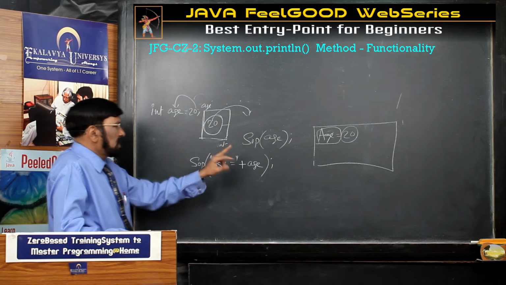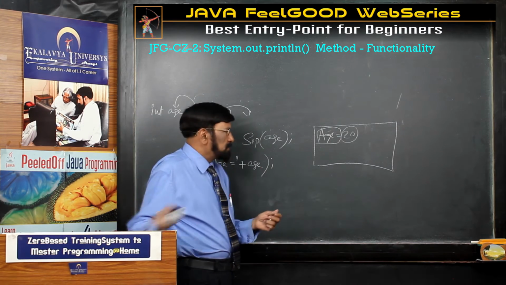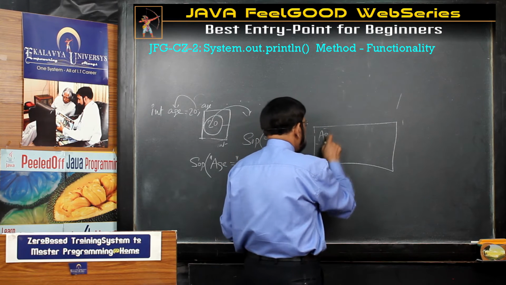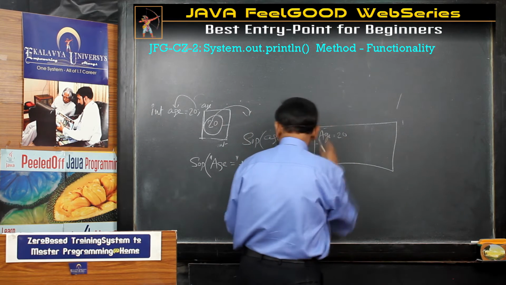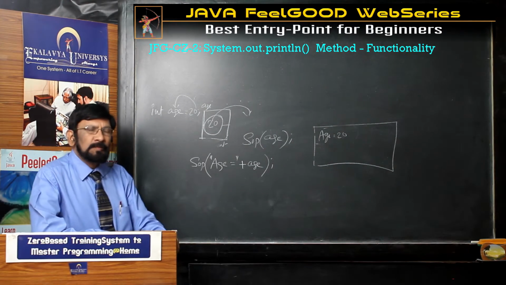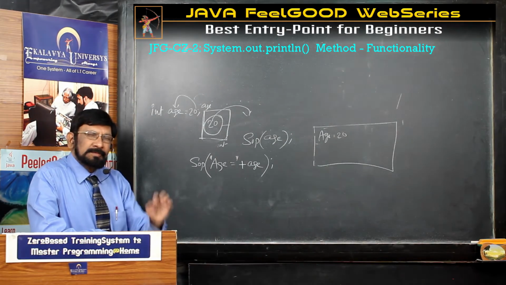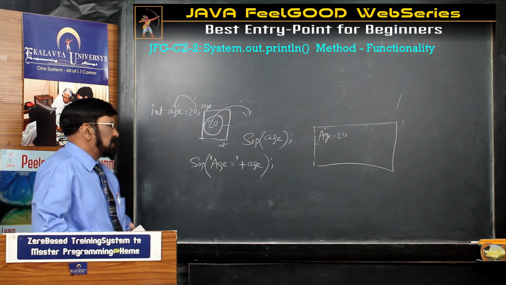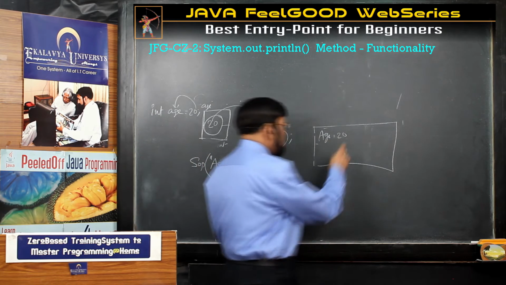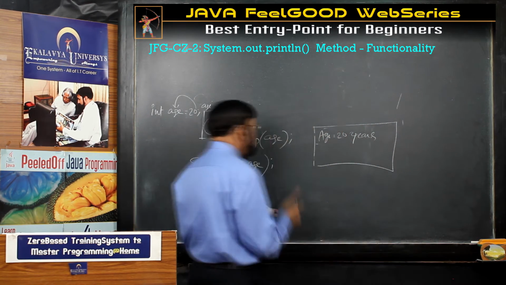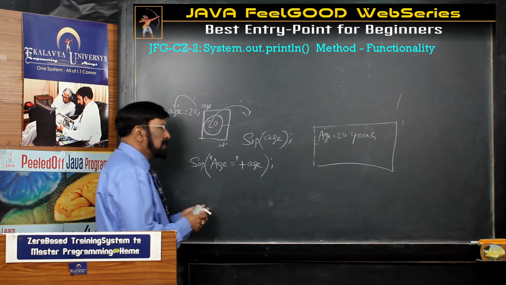As a result of that, what is printed? What do you expect? Age 20. But one thing is missing. If you are simply a student, you may be satisfied with that. But you want to become a professional. That's why you additionally expect years also.